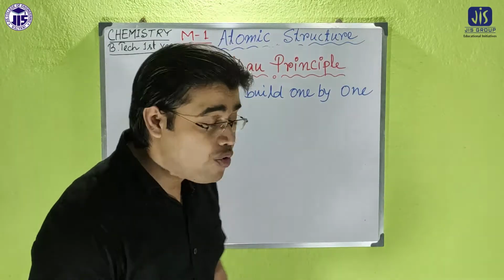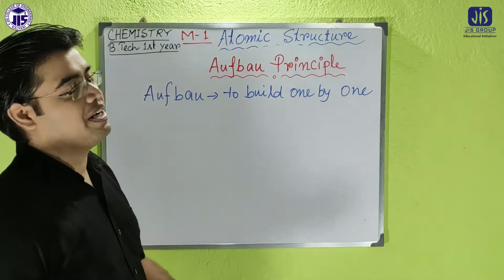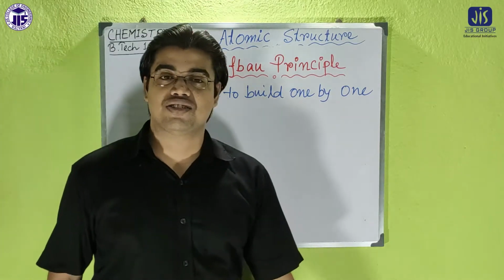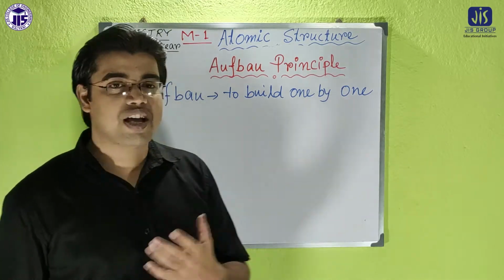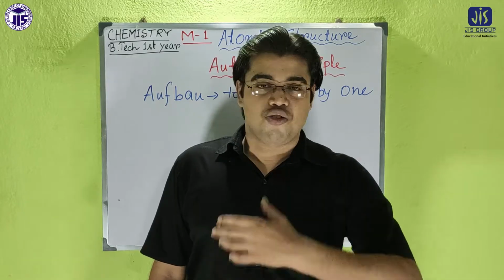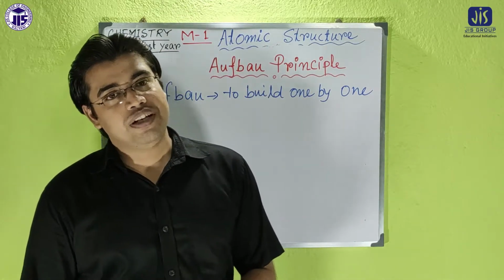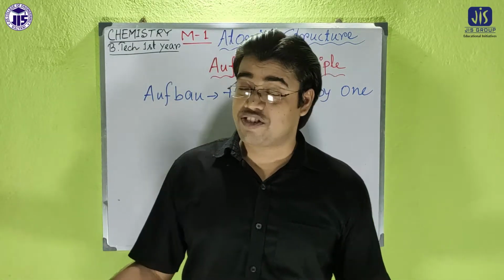Why it is called the Aufbau principle, you will understand when we discuss the theory. You already know that one orbital contains a maximum of 2 electrons.